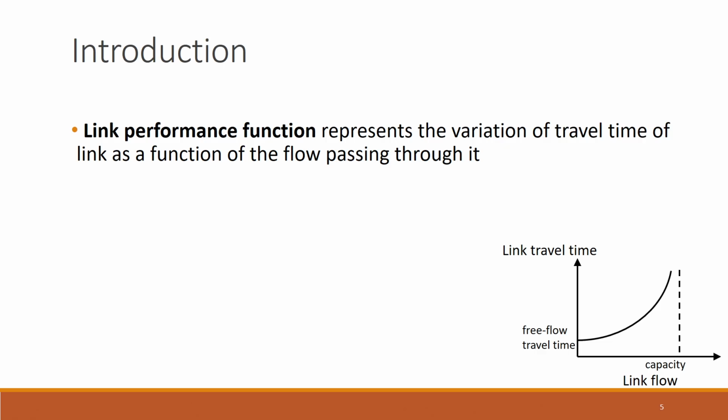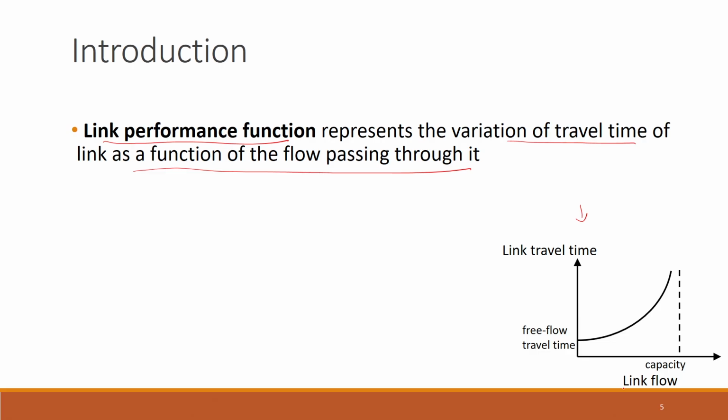Another important concept required in the traffic assignment problem is the link performance function. It is also sometimes called the link travel time function. This represents the variation of travel time of a link as a function of the flows that pass through it. This is an example of a link performance function.